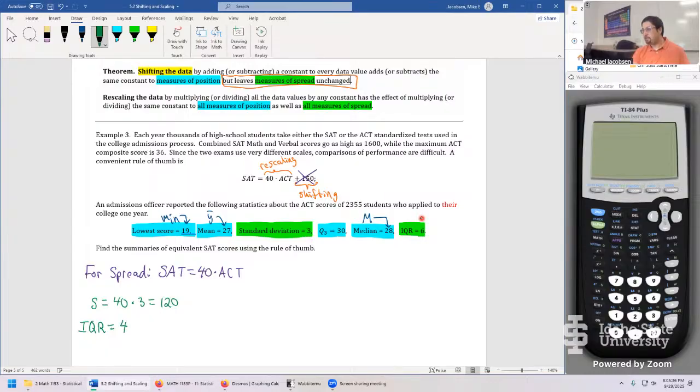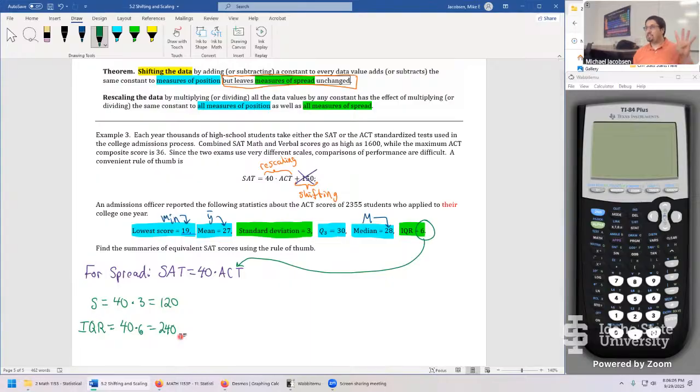This is going to be 40 times, the IQR is the ACT part we substitute here, so times 6, which is going to be 240 points. So this value of 6 just dropped in there. We multiply it by 40, and now we have our new measurements of spread, but now as a SAT scale instead.